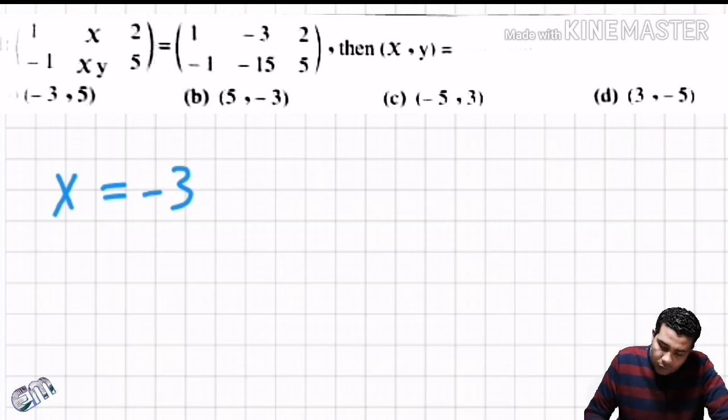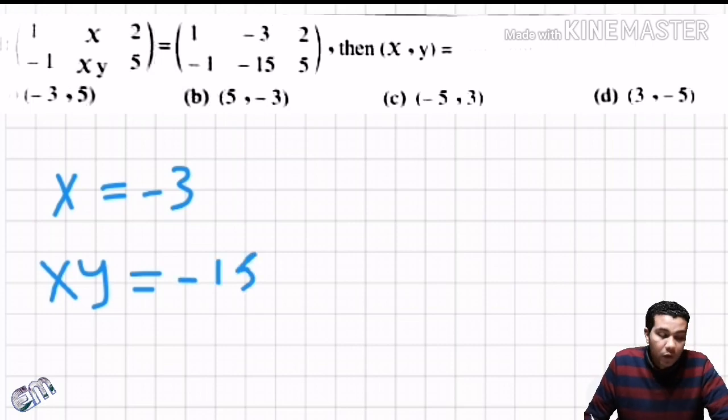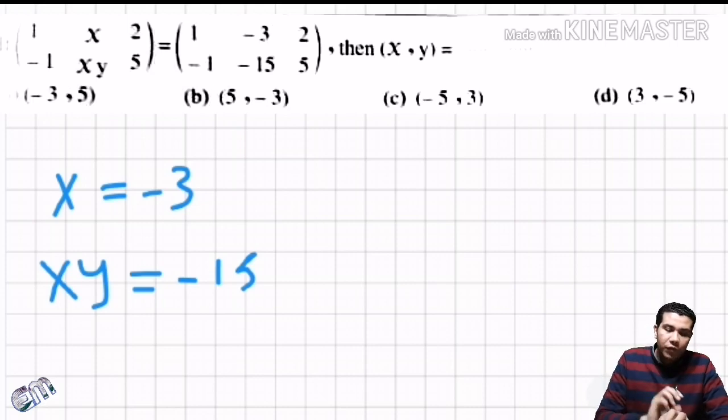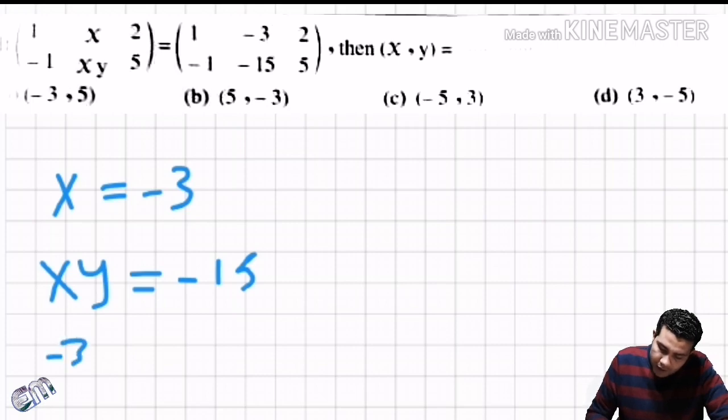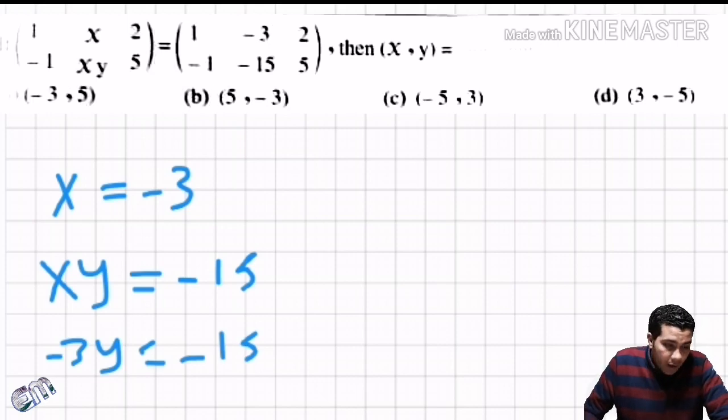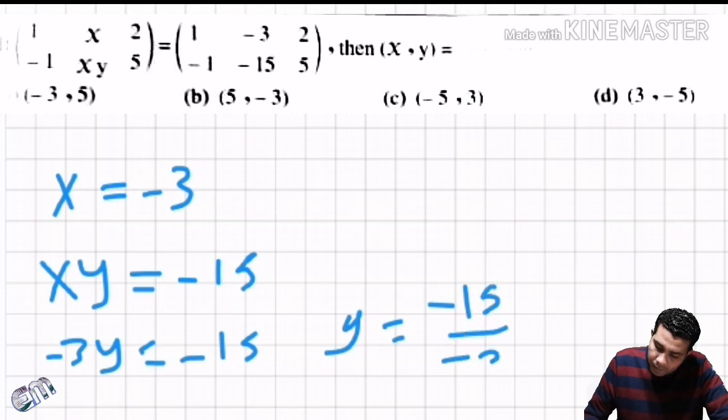And xy equals what? The value of xy will be negative 15. Why? Because negative 15 lies in the corresponding position of xy. Then x equals negative 3. Negative 3y equals negative 15, and y equals negative 15 over negative 3.